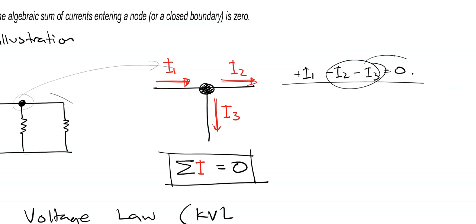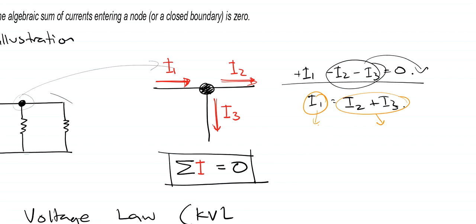So if we transpose this to the right hand side, we can also get an equivalent expression, which can be stated as I1 plus I sub 2. Right? So you see this. So I1, and on the right hand side are the I2 and I3.